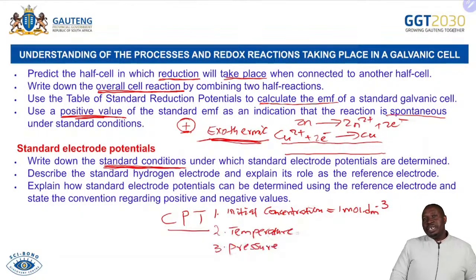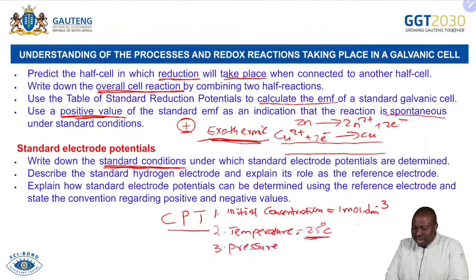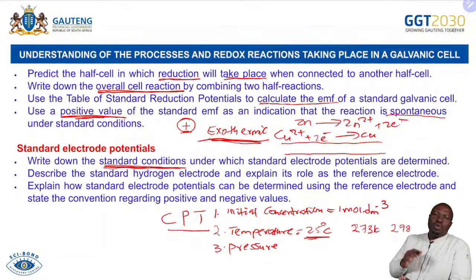Now, the temperature is 25 degrees Celsius. Don't make a mistake: if you check in your data sheet, the standard temperature is given as 273 kelvins. But for a galvanic cell, the temperature is 298, not 273. So you must be able to convert degrees Celsius to kelvins by adding the 25 to the 273. That is in your data sheet.